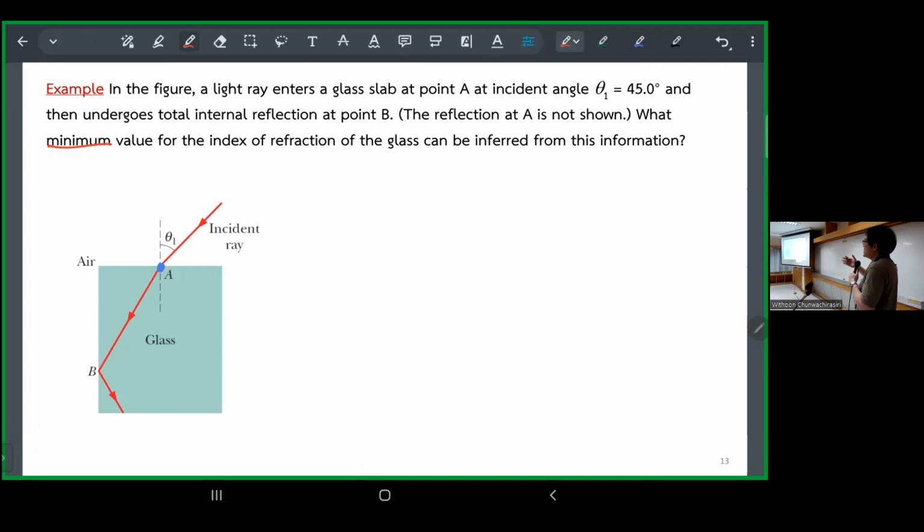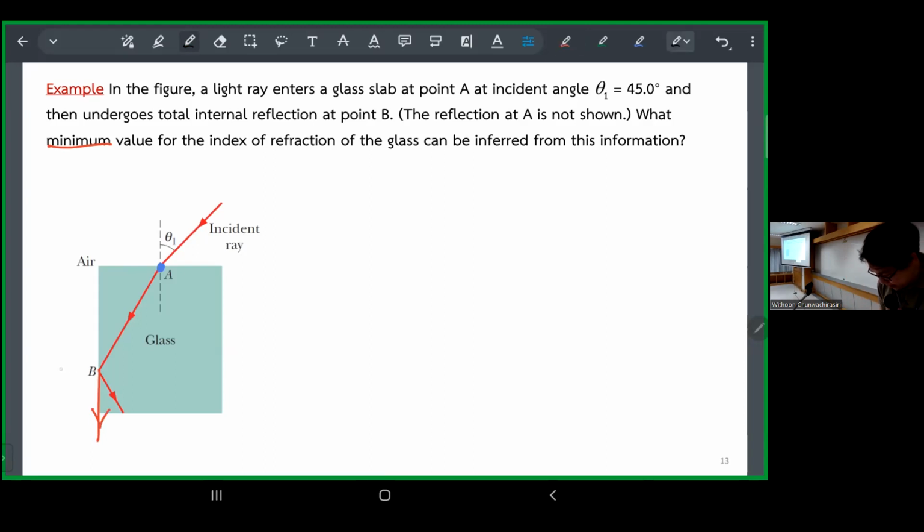If you want the boundary between having reflection or not, that means you just need to set the outgoing ray to be at 90 degrees. That is the condition that you're going to get it or not.